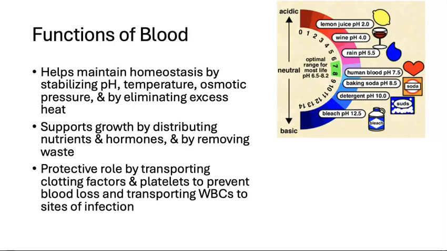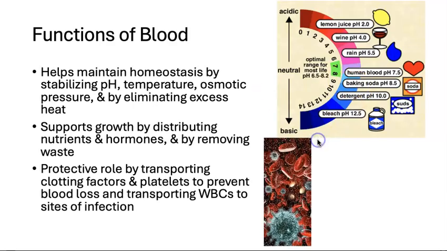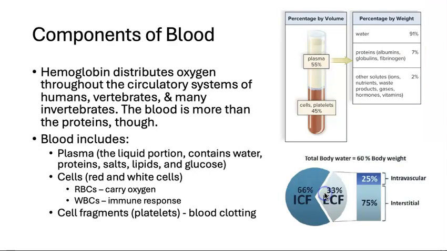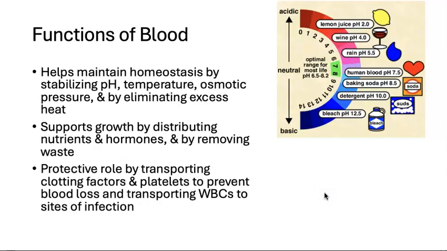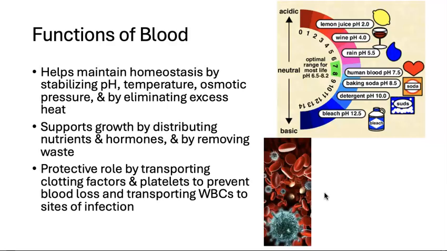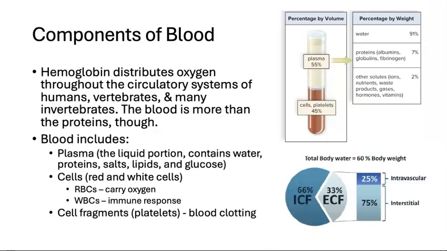We also are going to support growth by distributing nutrients and hormones, by removing waste, and we can have our blood serve as a protective role against things like viruses. And we can also transport clotting factors and platelets in order for us to prevent blood loss, and we can transport our white blood cells to sites of infection.